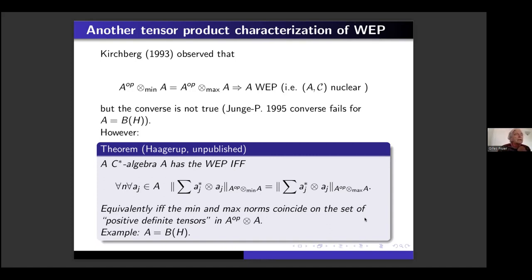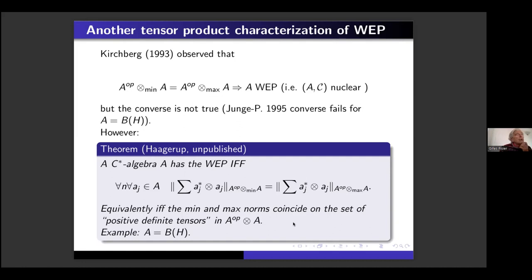And it says that a C-star algebra has the weak expectation if and only if the min and max norms coincide on A op tensor A, but on a certain special cone of tensors, which is the cone of tensors that are like this, positive definite. Okay, so elements in the tensor product that are of this form, I call them positive definite tensors. And the fact that this result is true explains the difficulty we had with Junge to show that.